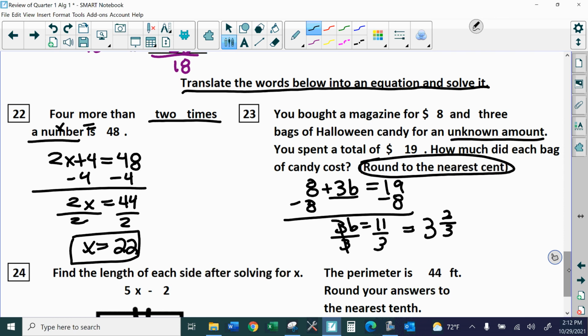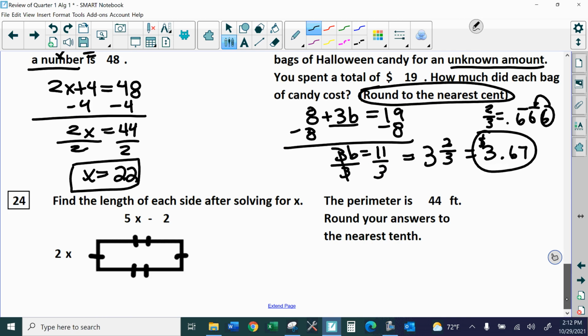Well, if you know 2/3 of a dollar, that's 0.6 repeating bar. Now, if you don't know that, you just put it in a calculator. 2 divided by 3 will give you 0.6 repeating bar. And I want to go to the nearest cent. So $3.67, because it's 6, 6, another 6. Since that's 5 or higher, it rounds up. So $3.67 per bag.